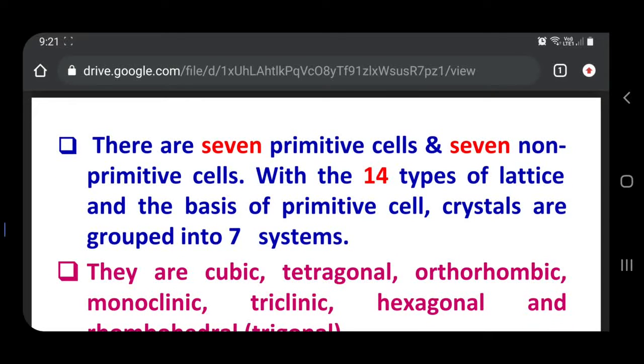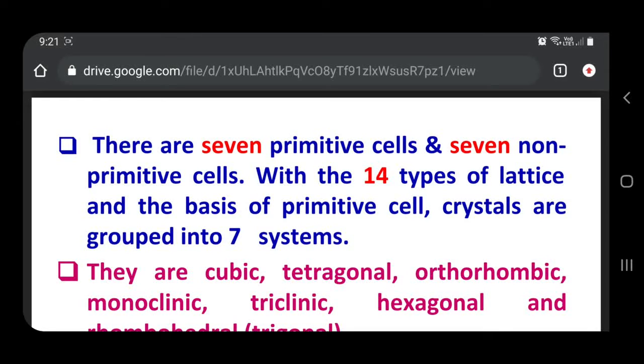In fact, out of 14 Bravais lattices, 7 are primitive cells. Just recall, we discussed in the previous class, a primitive cell is a unit cell having lattice points, that is, an arrangement of atoms only at corners of the cube, that is the unit cell.